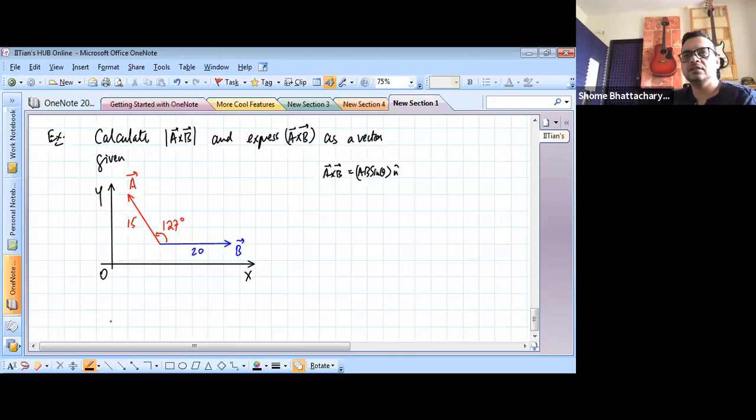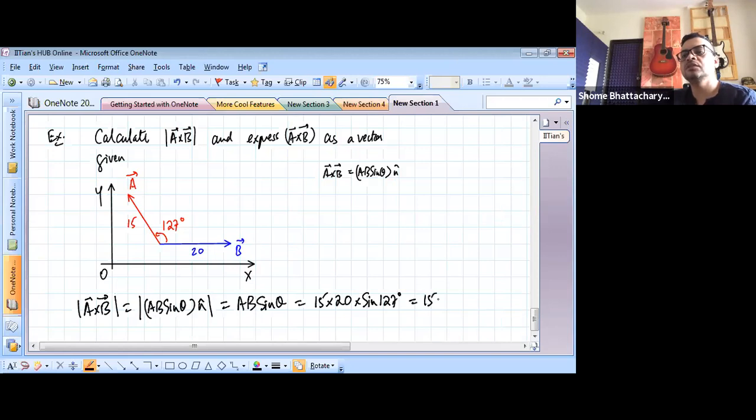So you understand here that magnitude of A cross B is mod of AB sine theta n cap, which is nothing but AB sine theta, which in this case is nothing but 15 into 20 into sine of 127, which is 15 into 20 into sine of 53, which is 4 by 5.